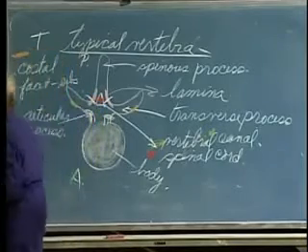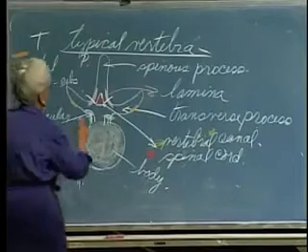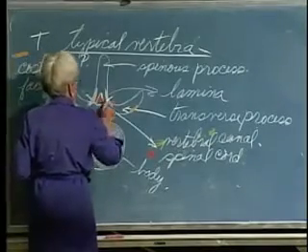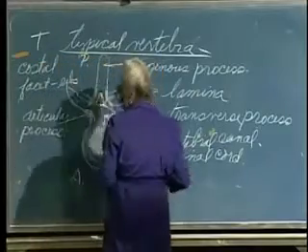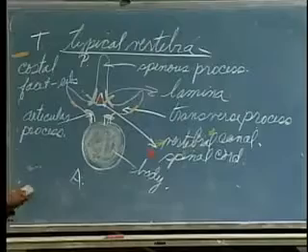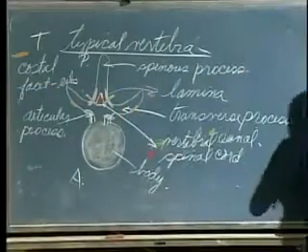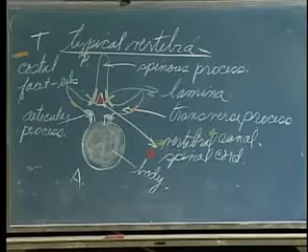We'll make this in green so you can see it. We're defining a laminectomy now. It allows us to get to the cord.